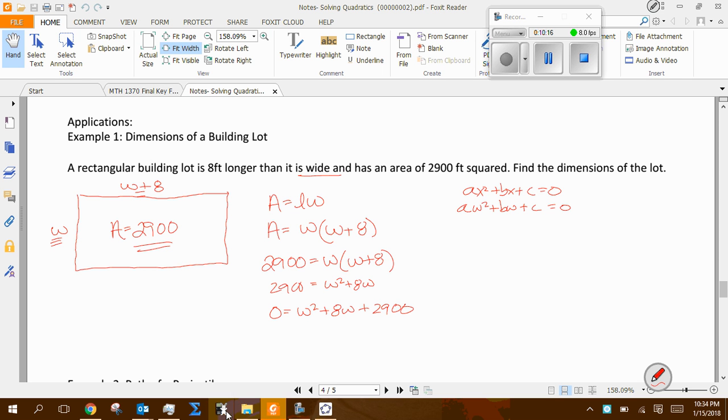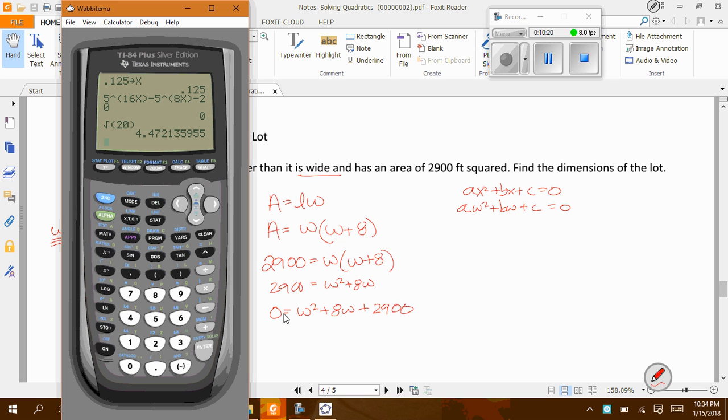Now I want to use that trick that we talked about in class. Figure out the factors of 2900 that add up to 8. So like I said, I take 2900 and I want to take the square root of it, raised to the 0.5 power. So we get 53-ish. So I'm going to go 55. I'm going to start dividing 2900 by maybe 55, see what I get.